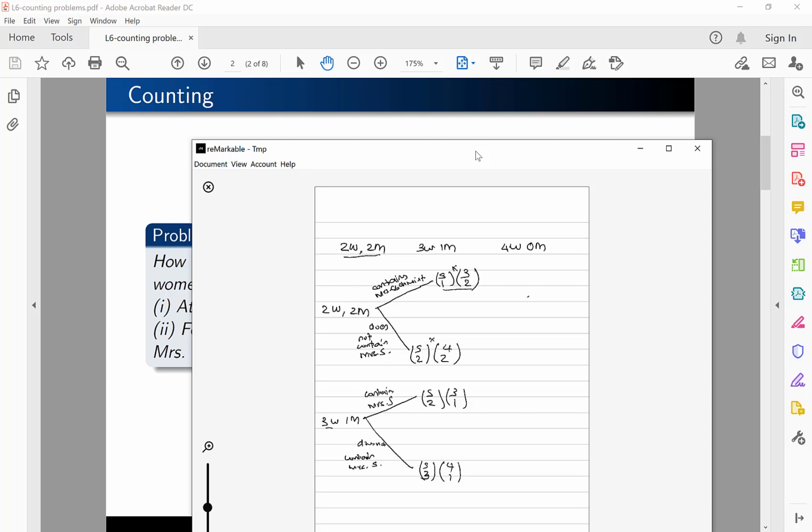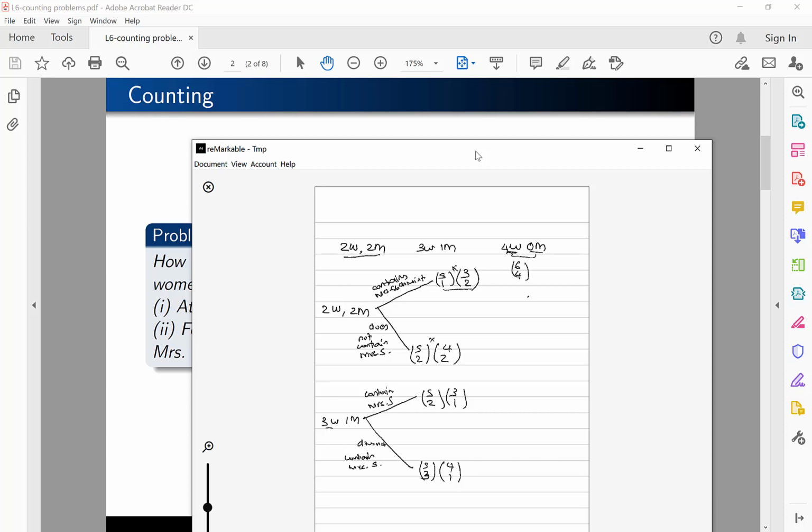And for 4 women and 0 men, since we're not including a man, we don't care whether the group of women contains Mrs. Schmidt or not, because there is no man here. The way to choose 4 women and 0 men out of 6 women and 4 men is basically 6 choose 4.